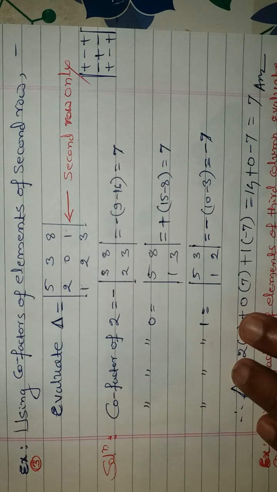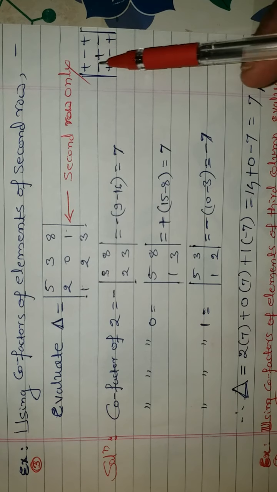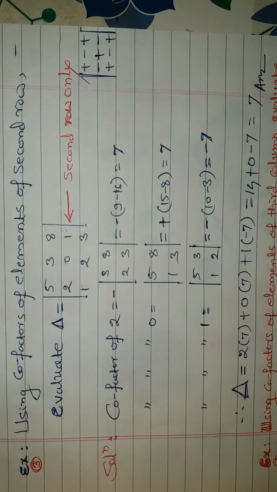This is another method to find the cofactor of the elements. But to solve this type of problems by using such a method, you should keep in your mind this type of sign symbols by using the rule.